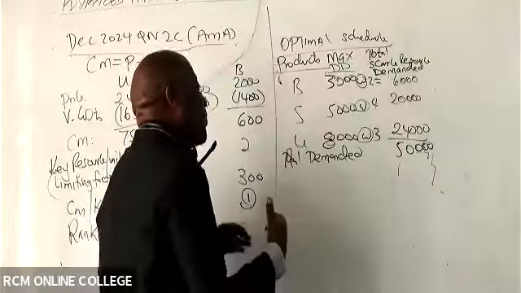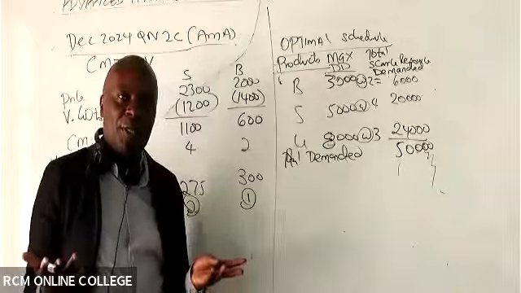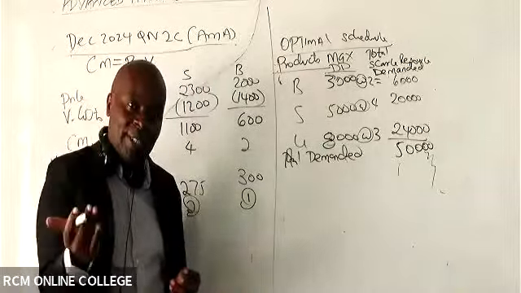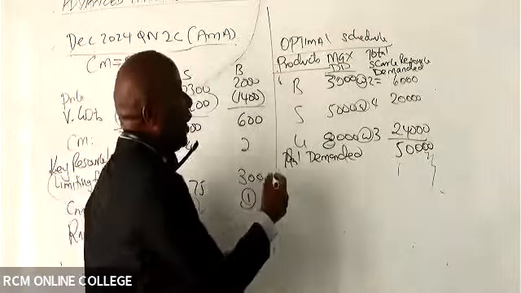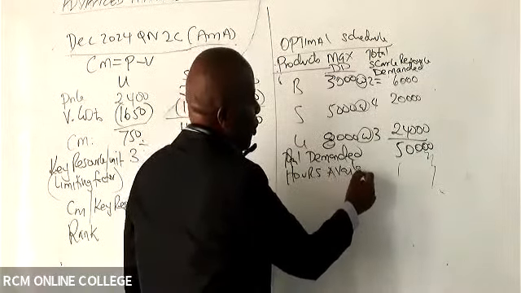And I remember this was a straightforward question. I don't know who was setting this kind of question to advanced level students. Because if you look at the hours available given to us, the hours available are 50,000.